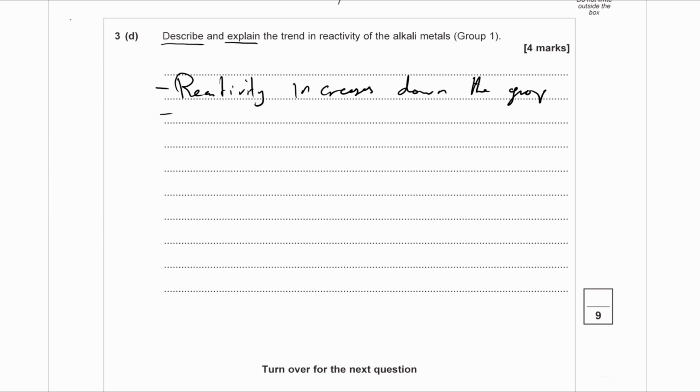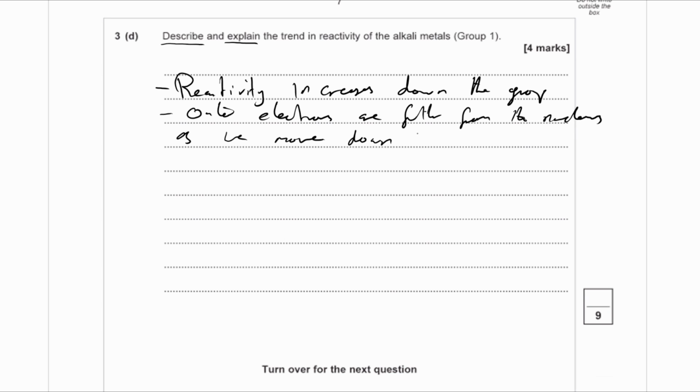So what I'm going to say is that outer electrons are further from the nucleus as we move down the group. Alright.